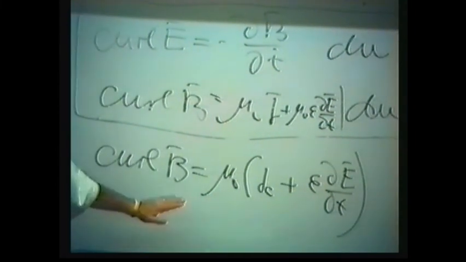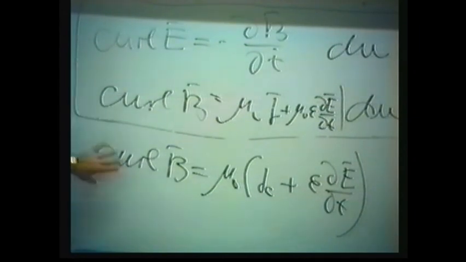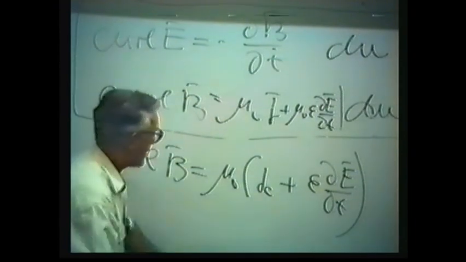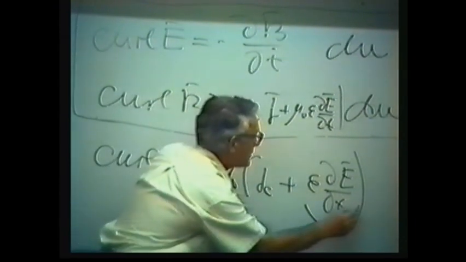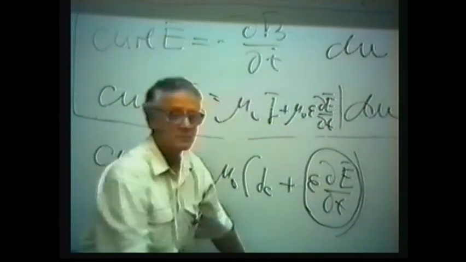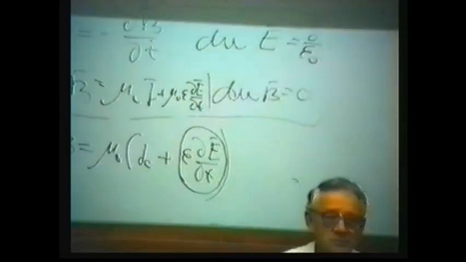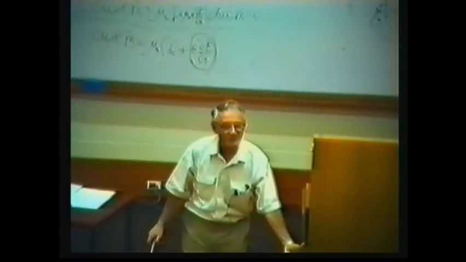We will not discuss it. It's very simple to show: if that's the case, we will get this equation. And this term got a name. What is the name? Who else knows it? Displacement current.